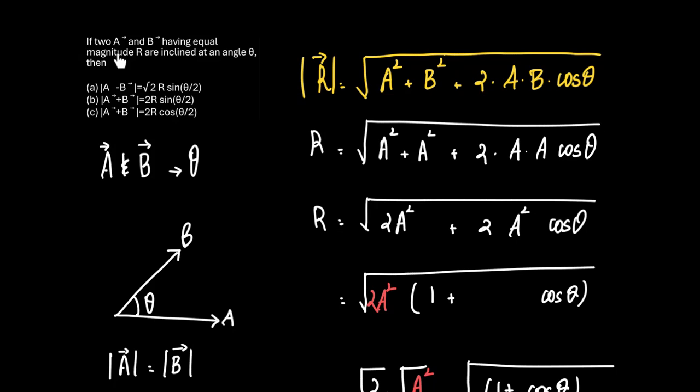So we have two vectors here, A and B, having equal magnitude r, inclined at an angle theta. So when we have two vectors, vector A and vector B, inclined at an angle theta, such that the magnitude of A is equal to the magnitude of B, equal to r.